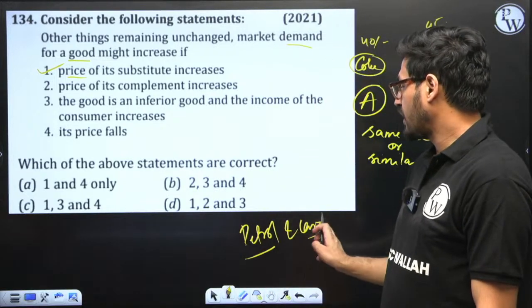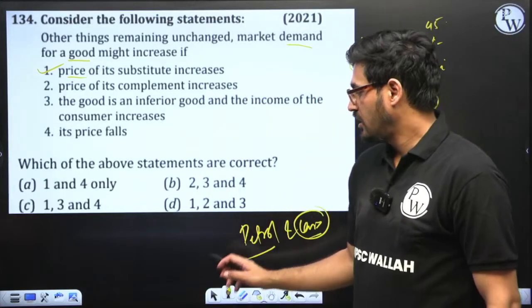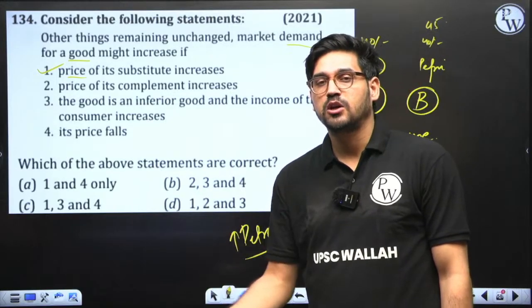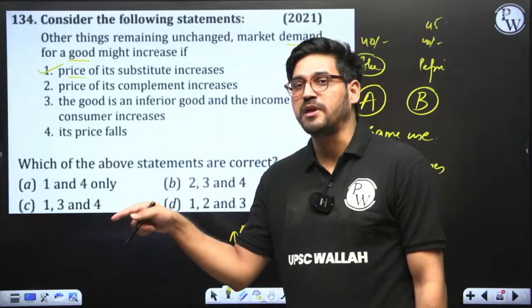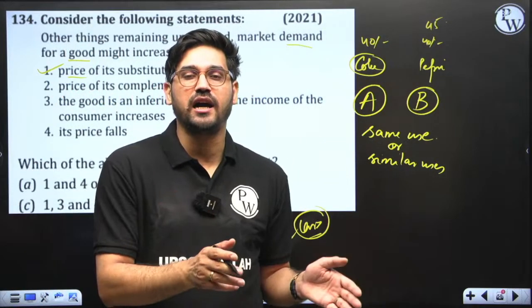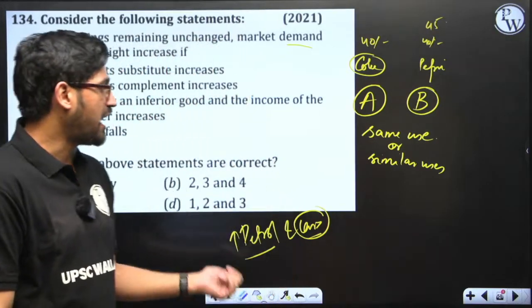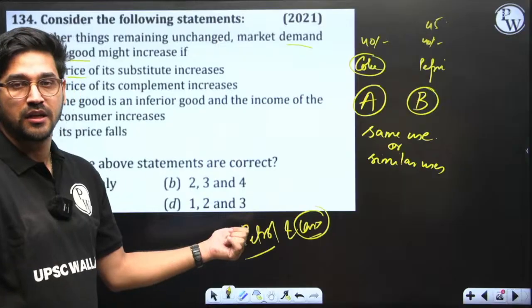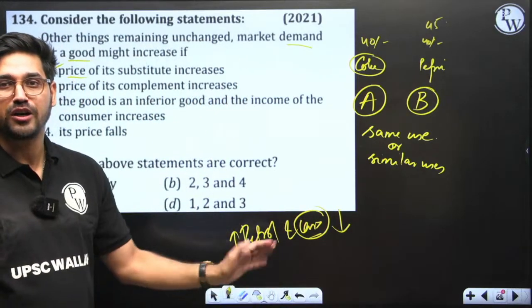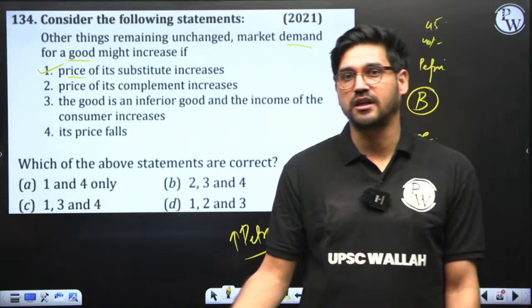If we are talking about the market demand for cars, if somehow the prices of petrol start to rise, quite obviously for a good chunk of people, it may be more expensive to buy a car which operates on a petrol engine. That means if the price of a complement rises, the demand for cars should decrease because it is now going to be more expensive for you to drive a petrol engine car.